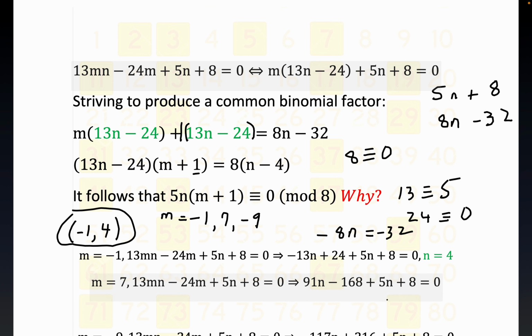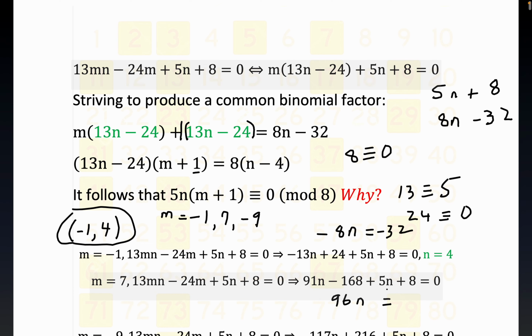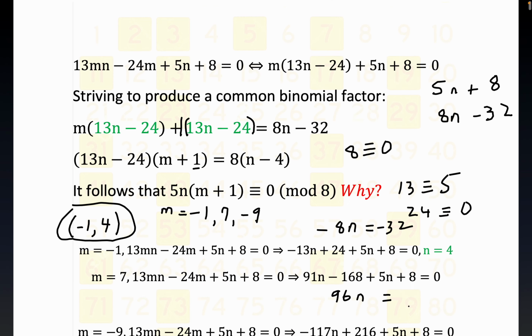Now right down here, similarly, if you substitute this choice 7 for m, you get this, and I didn't finish this one either, but this would be 96n, and we are looking for integer solutions. 96n, and this would be minus 160 on this side, so that would be 160 over here.